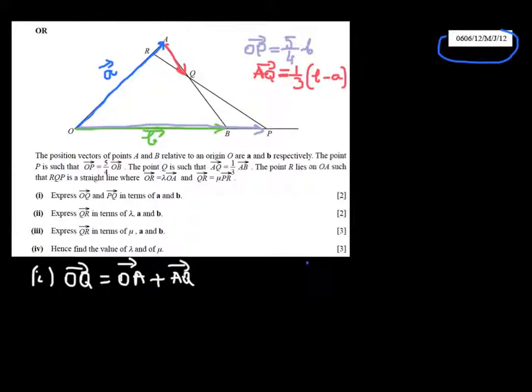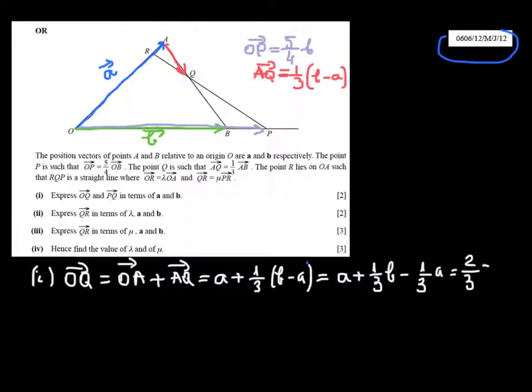And then I go from A to Q. So it's A plus 1/3 of B minus A. So it is A plus 1/3 B minus 1/3 A. So it's 2/3 A plus 1/3 B.